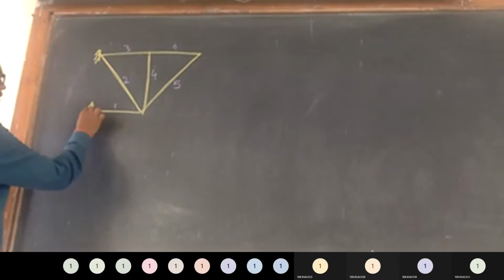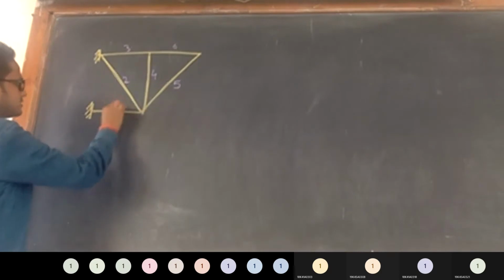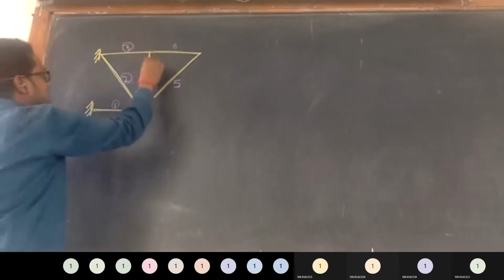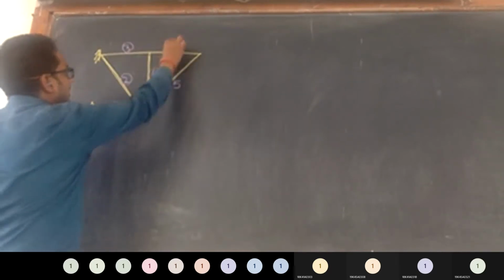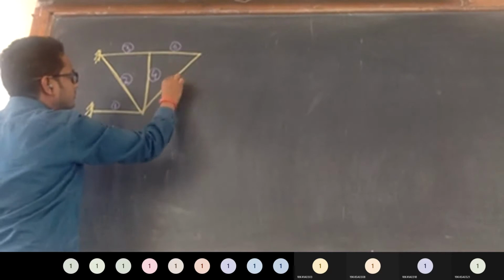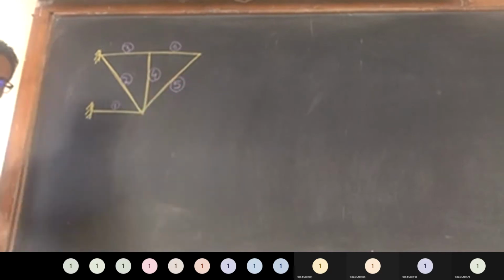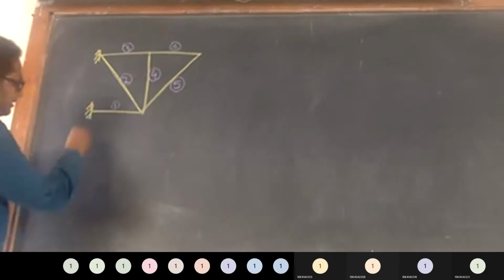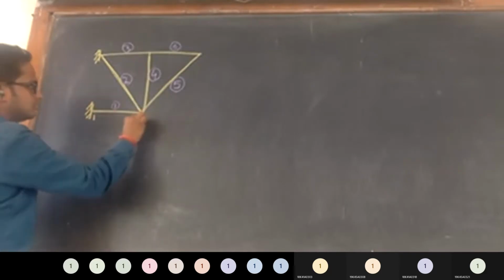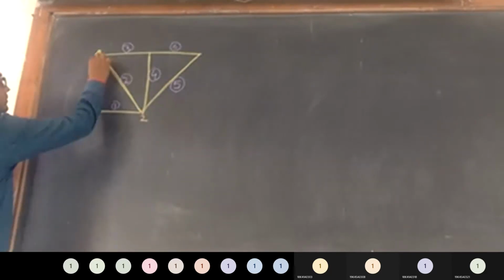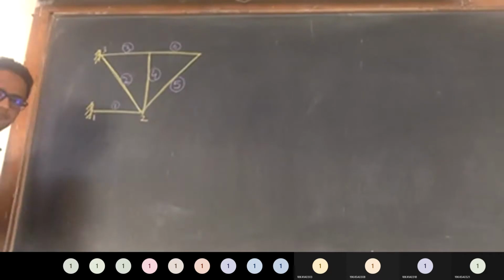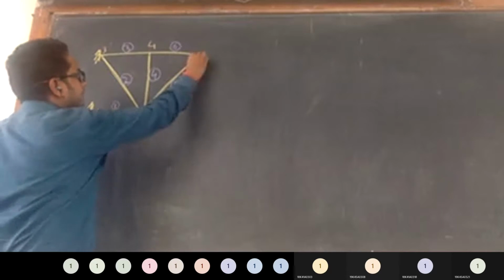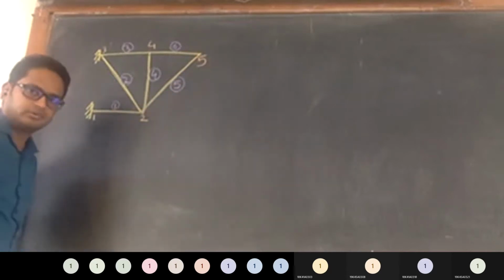Okay, and I will write the element numbers in a circle. These numbers in the circle represent your element number. Now I will write the node numbers directly. This is 1, 2, 3, 4, and this is your 5.